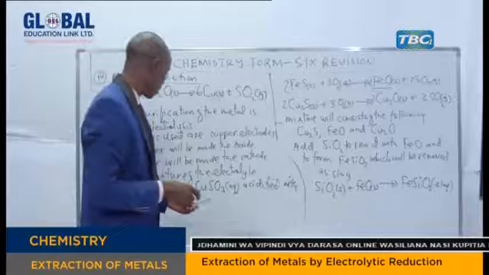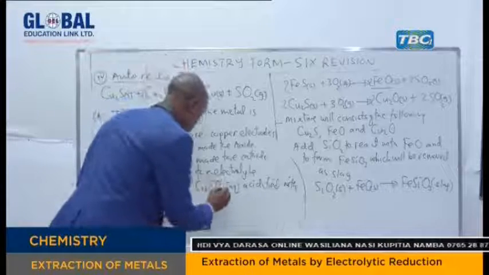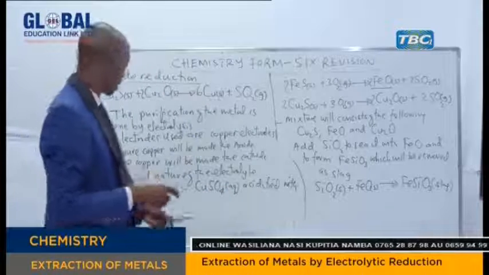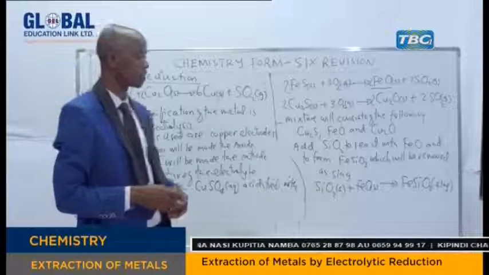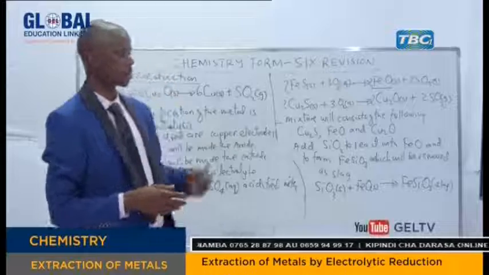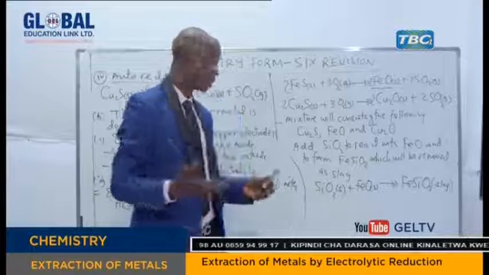That is the electrolyte that you're going to use, copper 2 sulfate. Now, from this particular part, we go to the last part of the question, the redox reaction involved.